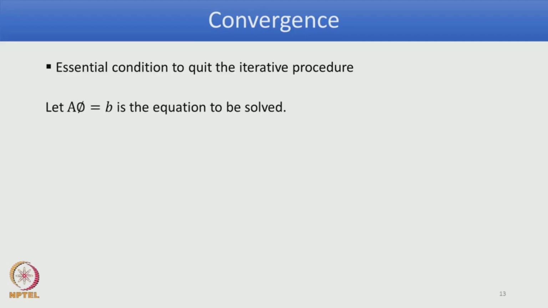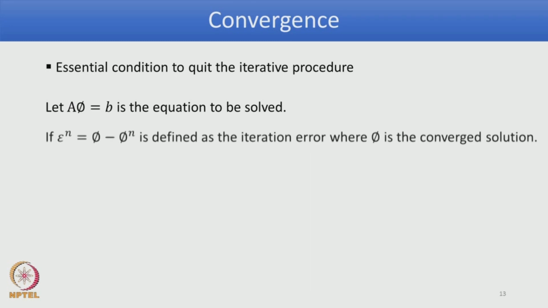Let us say we usually end up with an algebraic equation, which is given here as A into phi equal to B. This is a set of equations that will be solved. A is a coefficient matrix, phi is the variable in which you are interested, and B is a known coefficient on the right hand side.